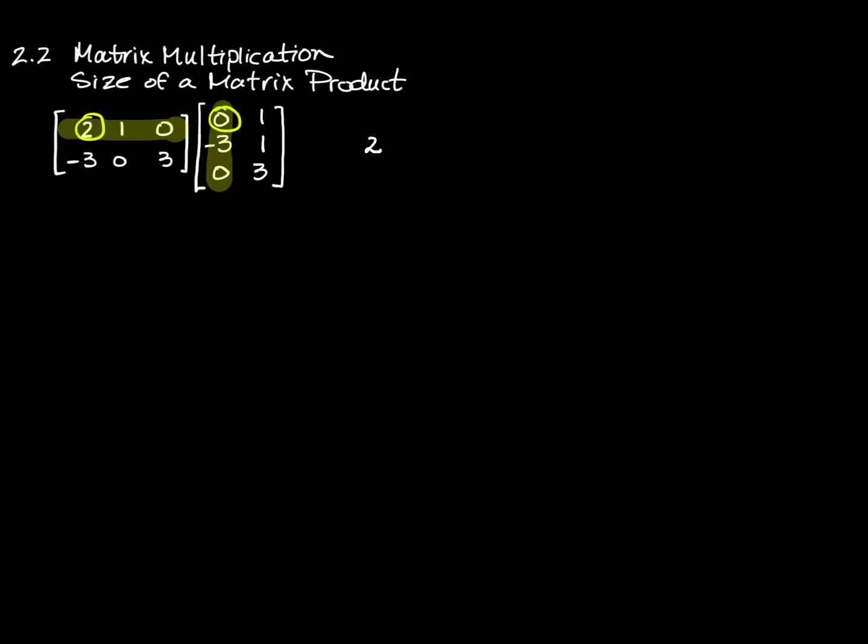Then we'll have 1 times -3, which is -3. And then we'll have 0 times 0, which is 0. We're going to add those up, and I get -3.